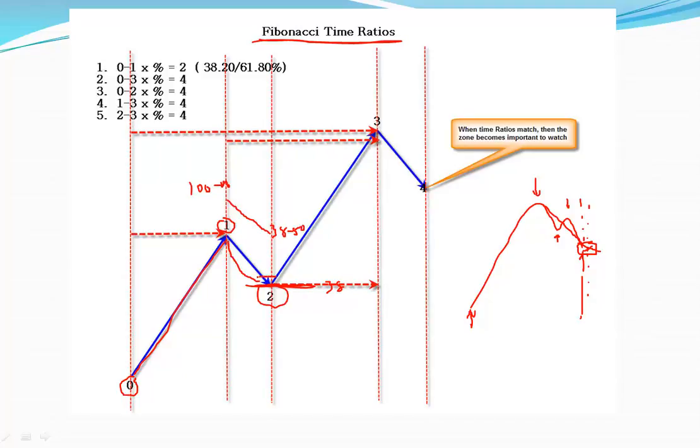And when it does that, if it's around a horizontal retracement level, it's now exhausted its time retracement and price retracement, and we look for an opportunity for a trade. So the real trick in Fibonacci is not only price retracements, it's also looking at time.